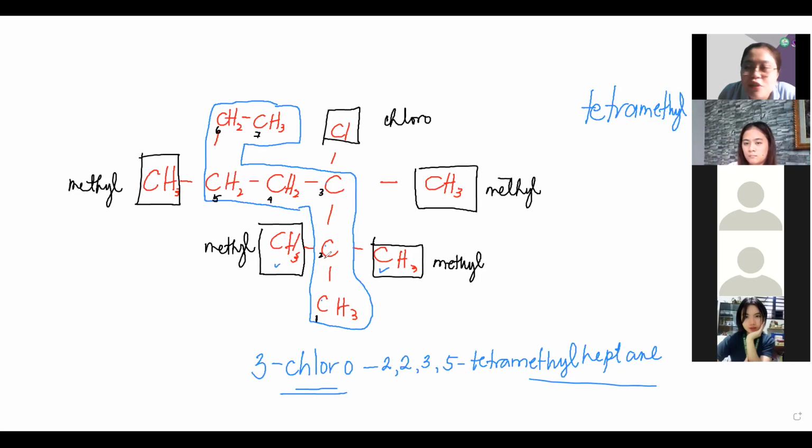Do not use the word chlorine if the halogens are used as substituents in organic compounds. Do not name them in their full name. So chlorine becomes just chloro, bromine becomes bromo, fluorine becomes fluoro, and iodine becomes iodo. That is what they use as names.